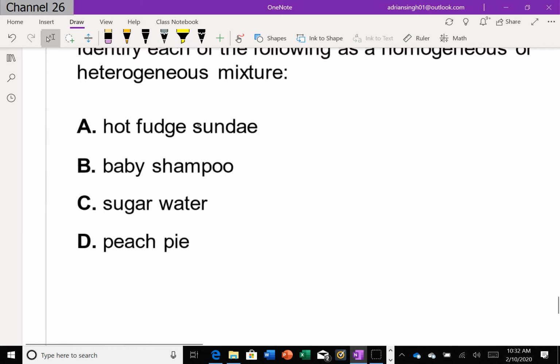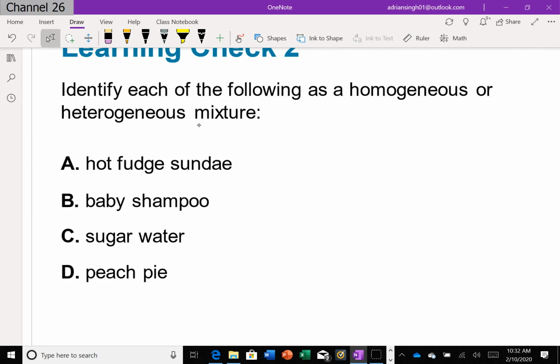All right. Homogeneous or heterogeneous? Hot fudge sundae. Ice cream with some syrup on it. Heterogeneous, right? The syrup is not evenly distributed. Shampoo, baby or otherwise. That would be homogeneous, right?